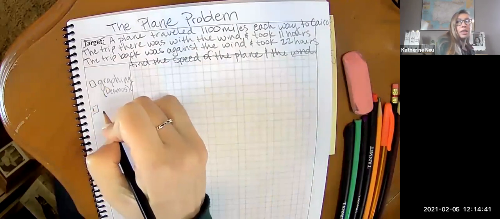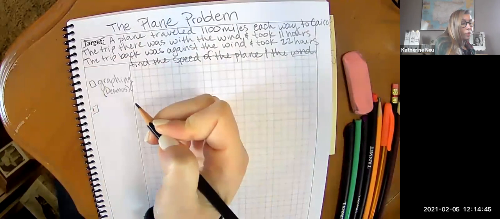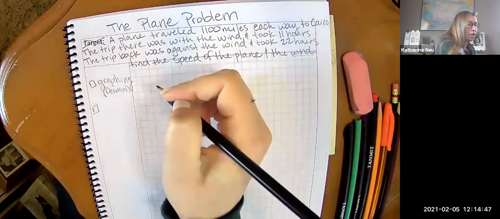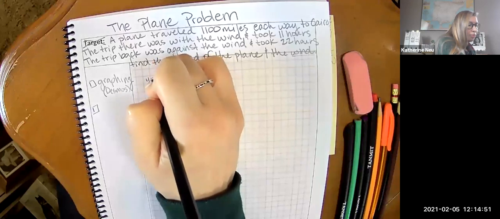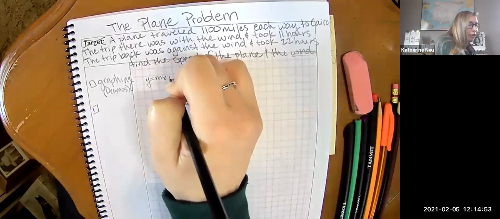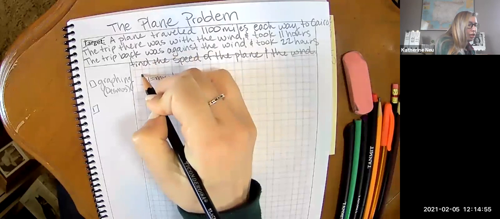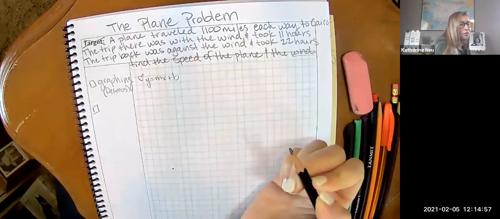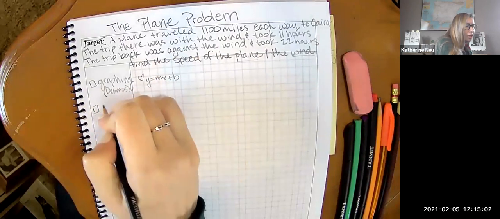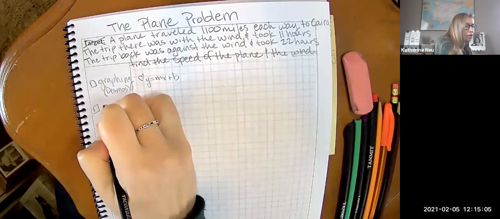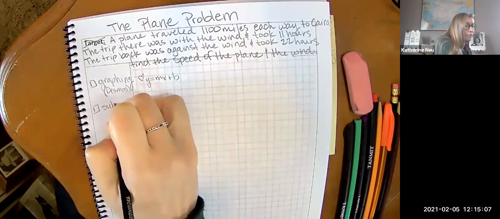And since this is a linear equation, you know what kind of form linear equations come in, right? They come in like y equals mx plus b, my favorite slope-intercept form. And so you can solve linear equations using the substitution method.